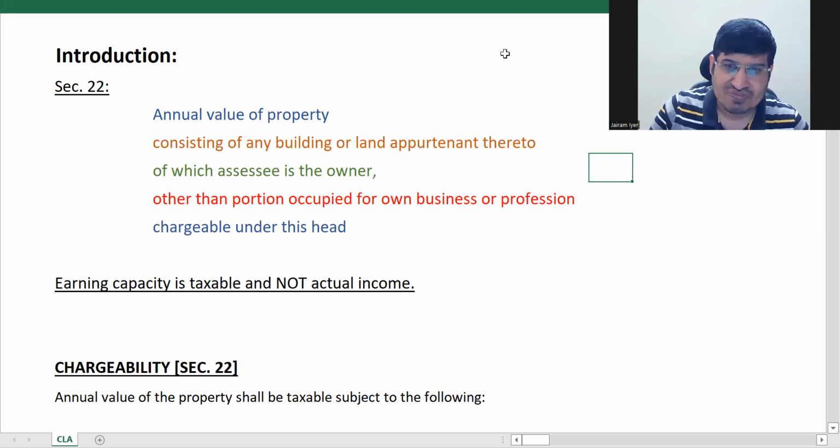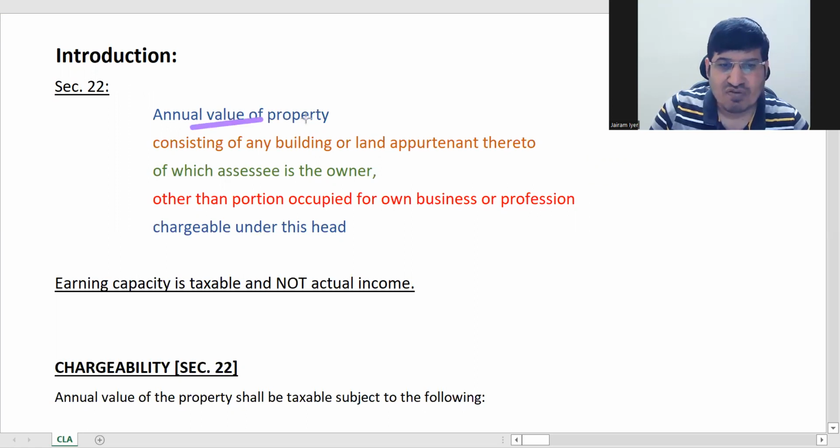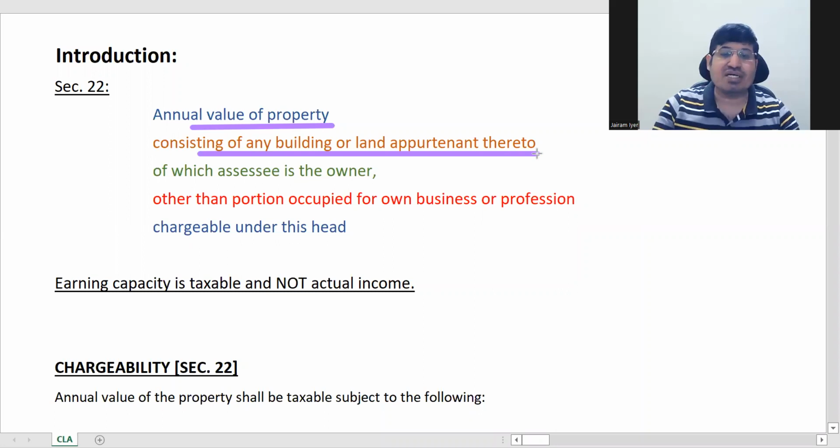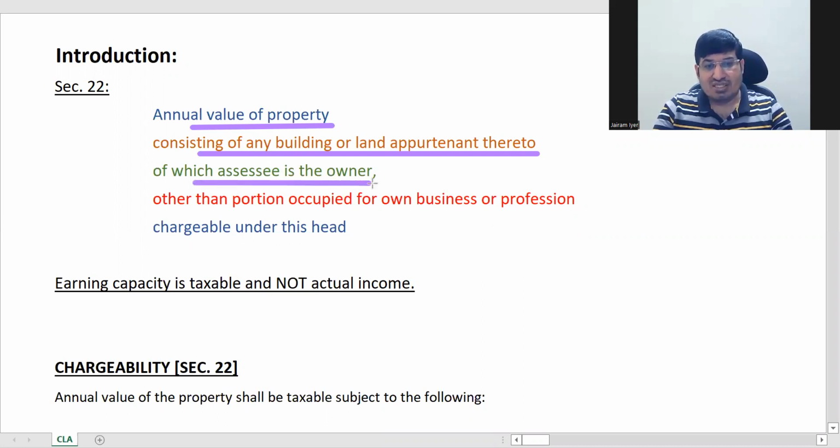First of all, it says that annual value of a property consisting of any buildings or land appurtenant thereto. Land appurtenant means, in independent houses, along with your building there is some land with it, correct? So it refers to that, of which the assessee is the owner. So the assessee should be the owner of that property.